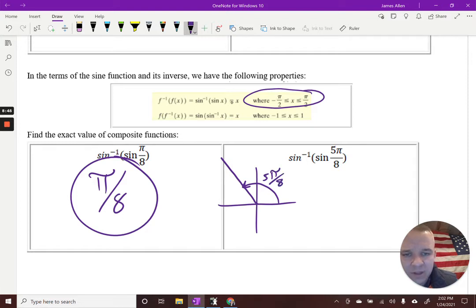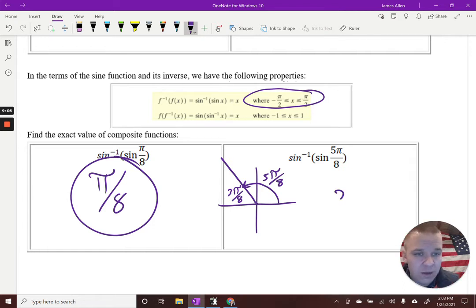And my reference angle is 3 pi over 8, because that would rotate a full pi, right? Well, sine, I know, is positive in that second quadrant, and it's also positive in the first quadrant. So since I know the reference is 3 pi over 8, I would get an equivalent answer in the first quadrant with 3 pi over 8, right?